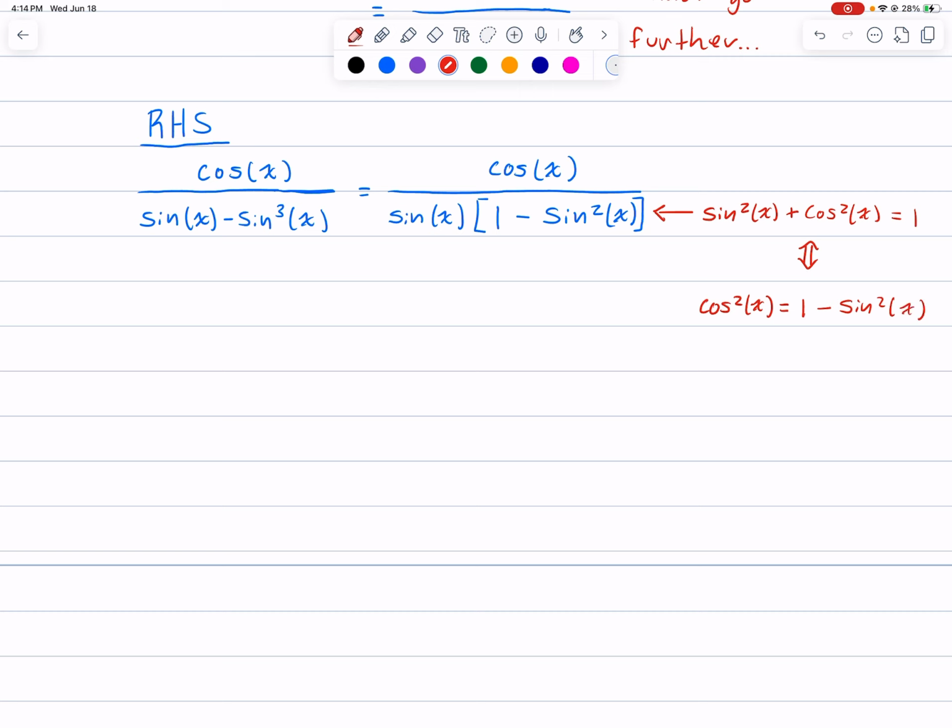So I can replace that whole bracketed part right here with cosine squared of x.